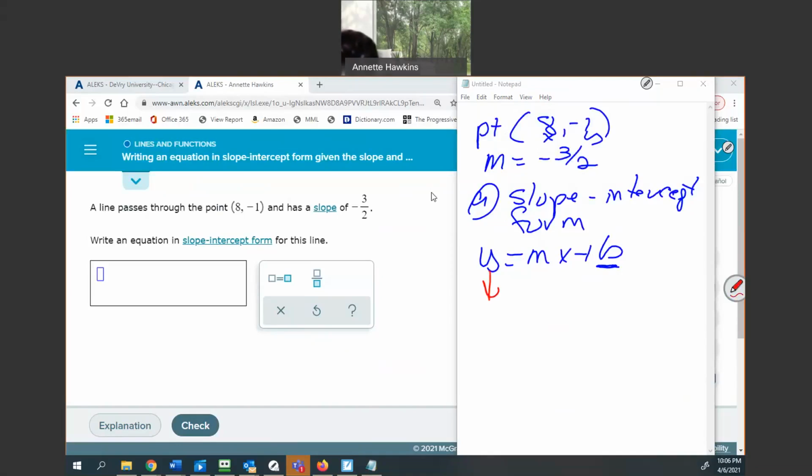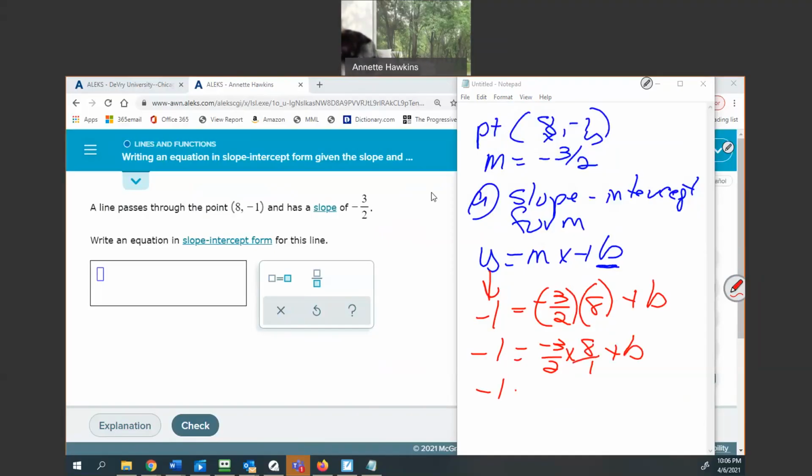Where y is, I put -1. Where m is, I put -3/2. Where x is, I put 8, and then I solve for b. -1 equals -3/2 times 8/1 plus b. -1 equals -24/2 plus b. -1 equals -12 plus b.